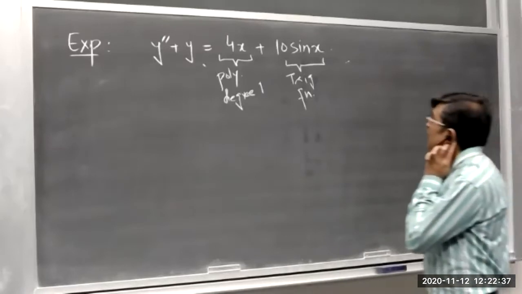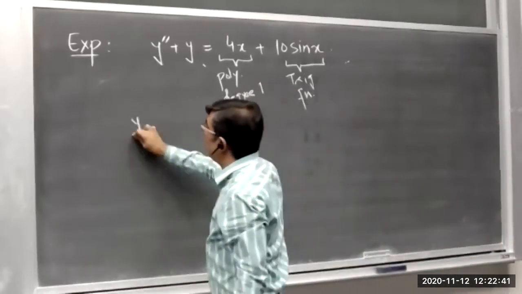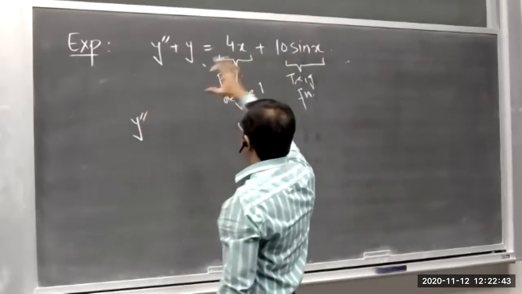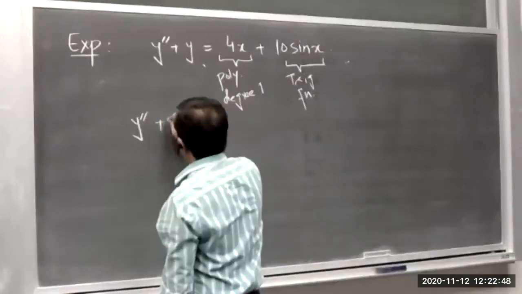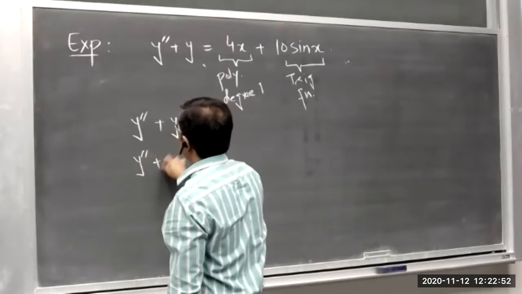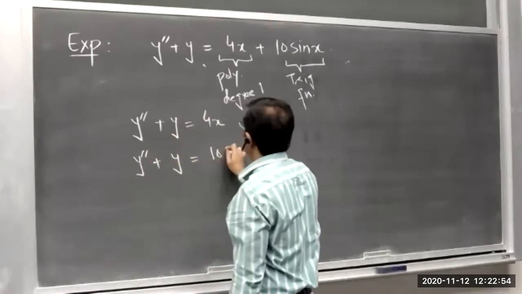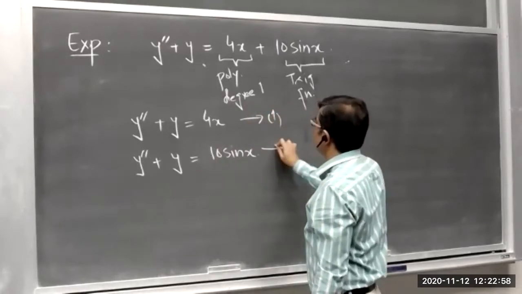Either way, we can solve two different differential equations. We can split this differential equation into two: y double dash plus y is equal to 4x, and y double dash plus y is equal to 10 sine x. So this is our first differential equation and this is our second.